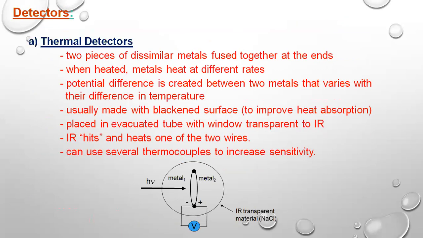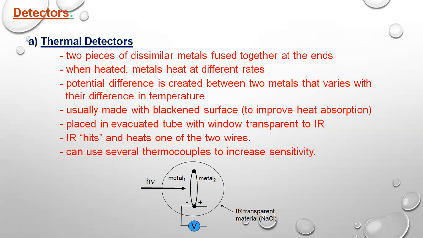Another part is detector. The first detector which can be used is thermal detector. In thermal detector, here you can see there are two wires of two different metals, and these two wires are fused together at the ends. When these wires are heated, since they are made up of two different metals, the metals heat at different rates.